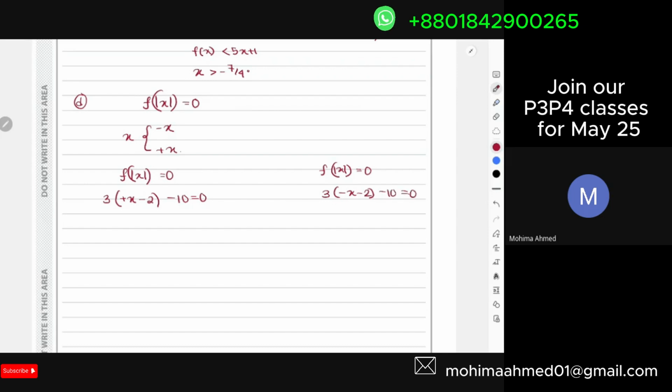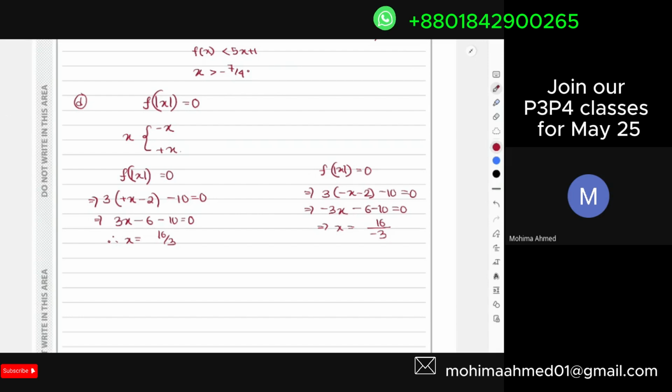Inside that entire modulus function, we're not supposed to have plus and minus. This time only before that x, we're supposed to have plus and minus. And that will give you 3x minus 6 minus 10 equals 0, which is just x equals 16 by 3. And for the next equation, I'm going to write minus 3x minus 6 minus 10 equals 0. That's going to be x equals 16 by minus 3, right? So you get one value for x as positive and one value for x as negative.